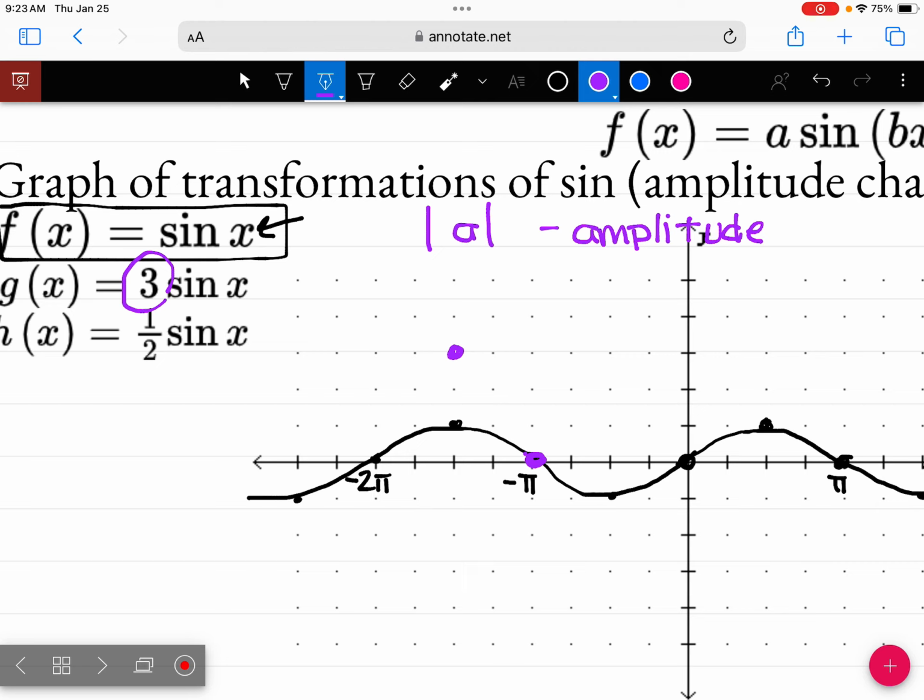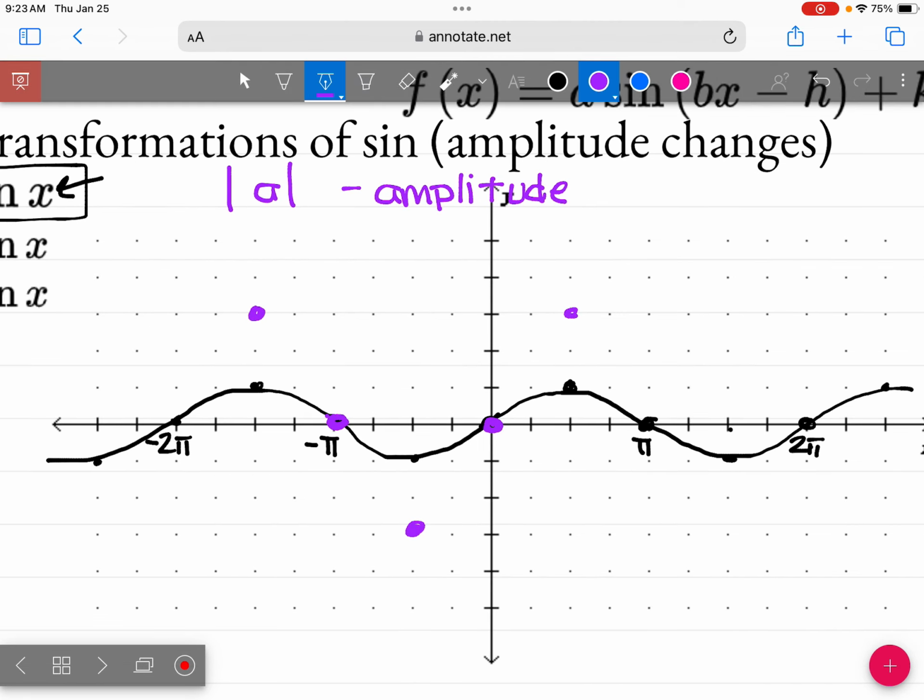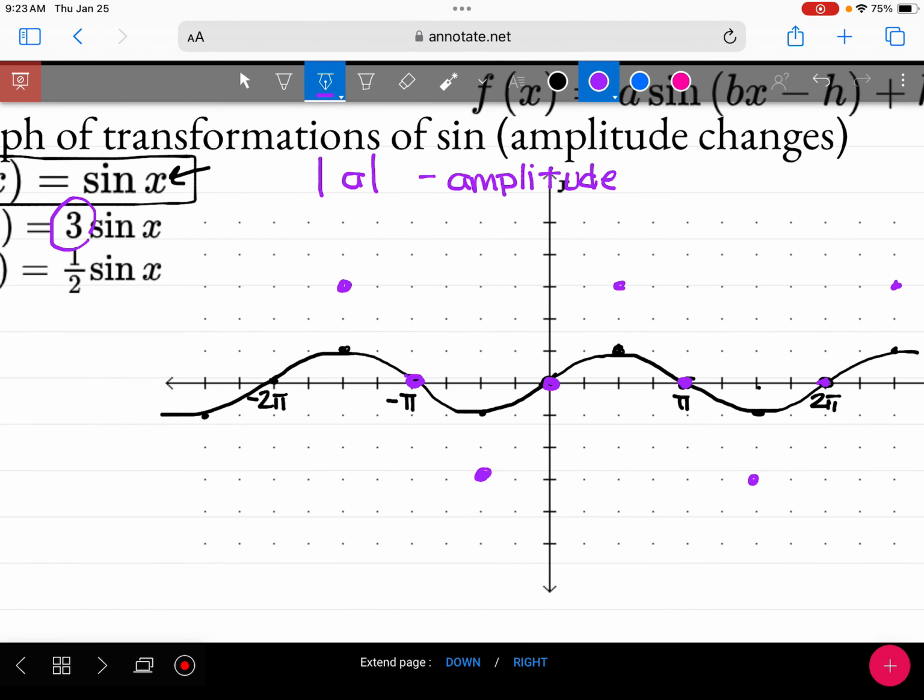Negative 1 times 3 is negative 3. So we're going to take all our values that we have and multiply them by our amplitude. So the zeros are still 0. The 1s become 3s. The negative 1s become negative 3s.